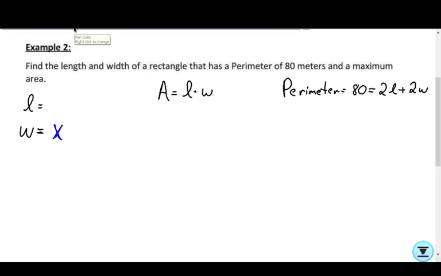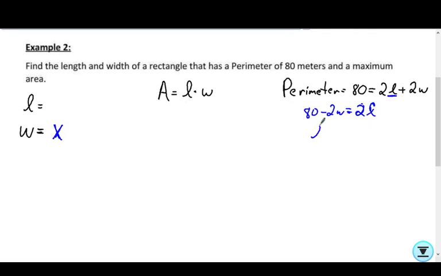Okay? So basically what I'm going to do is solve this equation for either length or width, and I'm going to solve it for my length. So I'm going to get 80 minus 2W equals 2L, like that.